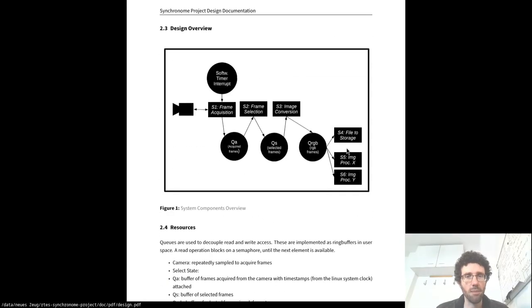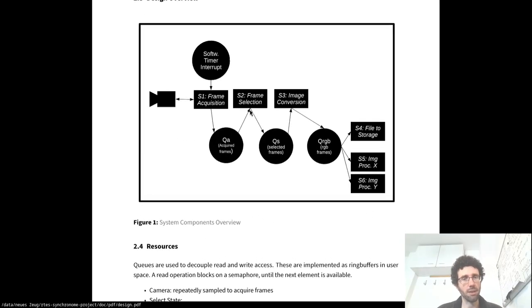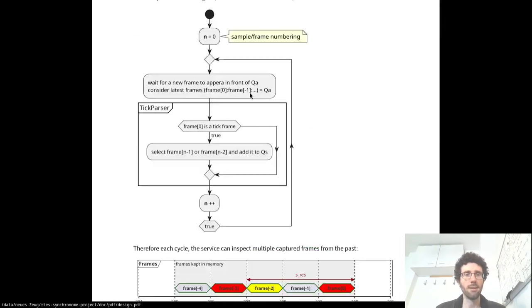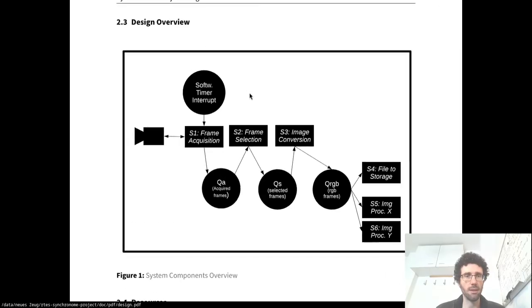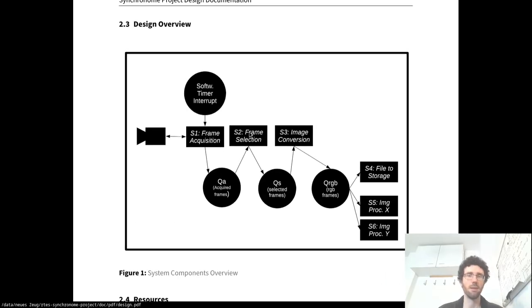The interesting part to understand is the frame selection process. Let's for a second assume that the frame acquisition rate is a multiple of the frequency of the ticking clock. For example, let's say we have 3 frames for every single tick of the external clock.